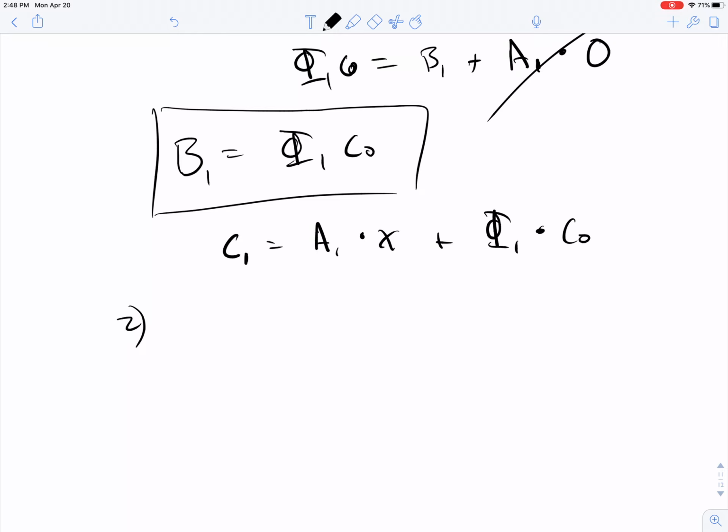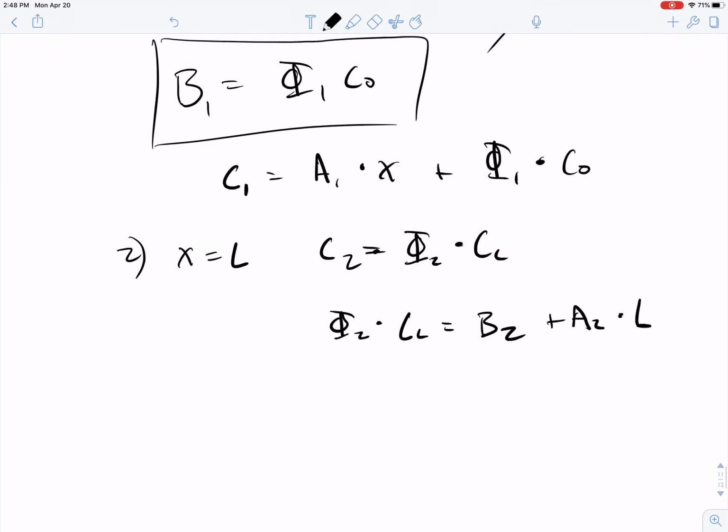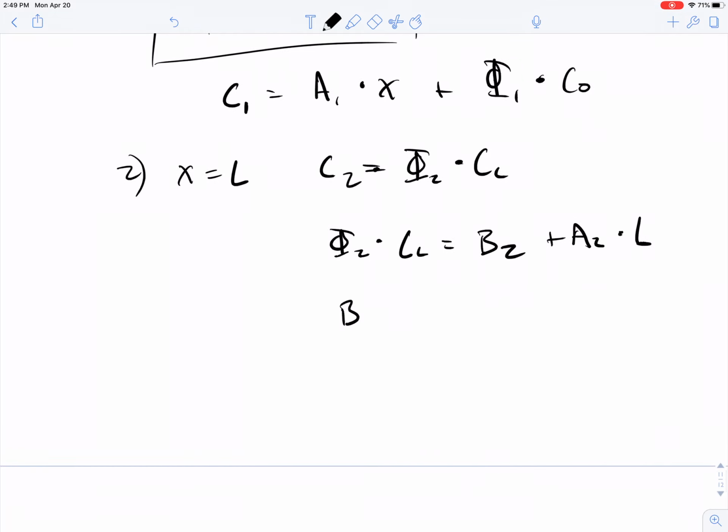Let's just go all the way to the right-hand side and do the boundary condition at x equals L. We have C2 at this position equal to phi2 times the concentration in the bulk over there, phi2 times CL, equals b2 plus a2 times that overall position x, which gives us a relationship, a little bit more constrained, between b2 and a2.